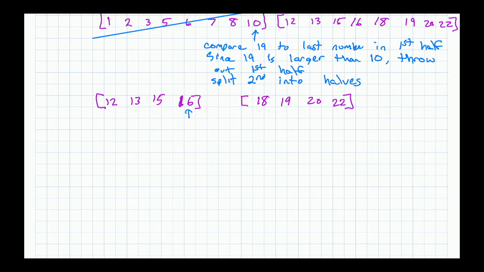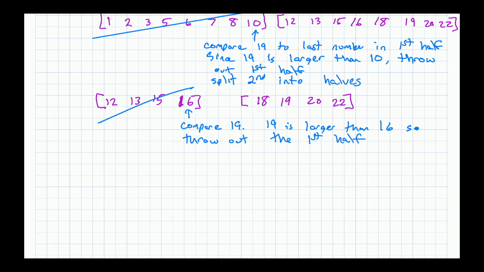You're going to compare the 19 to the last element in the first list. So compare 19. 19 is larger than 16. So throw out the first half. Just throw that out.